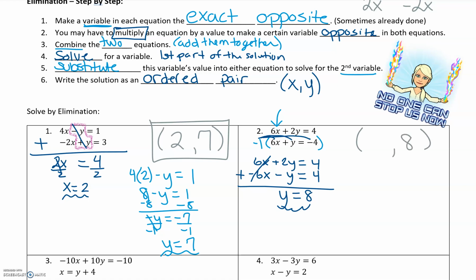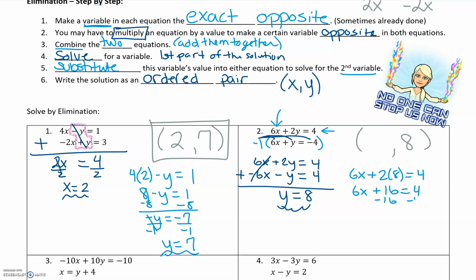Now we need to go and find the x. So we're going to take that 8 and plug it in for the y in one of the equations. It does not matter which one you choose, so I'm just going to choose the top one. Okay, so I'm going to do 6x plus 2 times 8 equals 4. So 6x plus 16 equals 4.